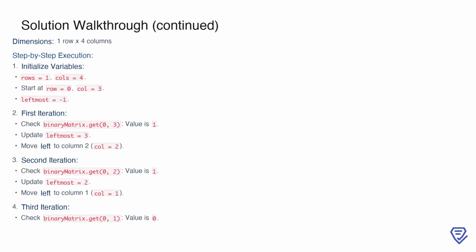Now, leftmost is updated to 2, and we move left to column 1. In the third iteration, we check (0, 1) and find a 0. Since there's only one row, moving down exceeds the number of rows, and the process stops. Here, the result is leftmost equals 2, meaning column 2 is the leftmost column containing a 1.